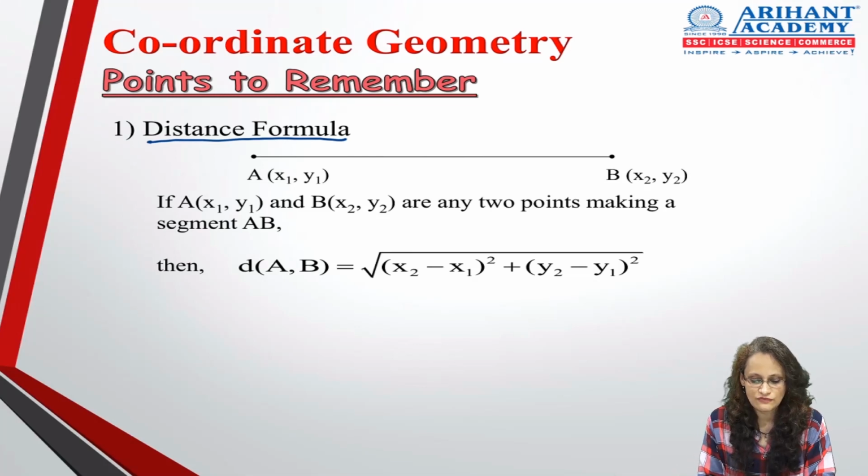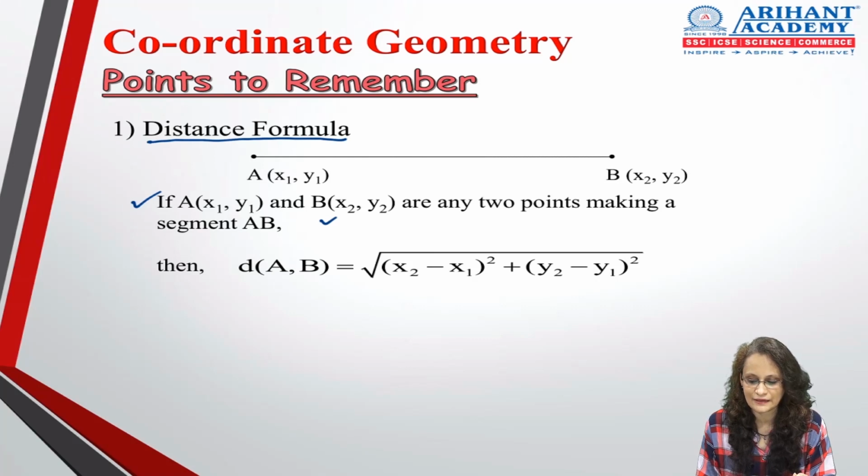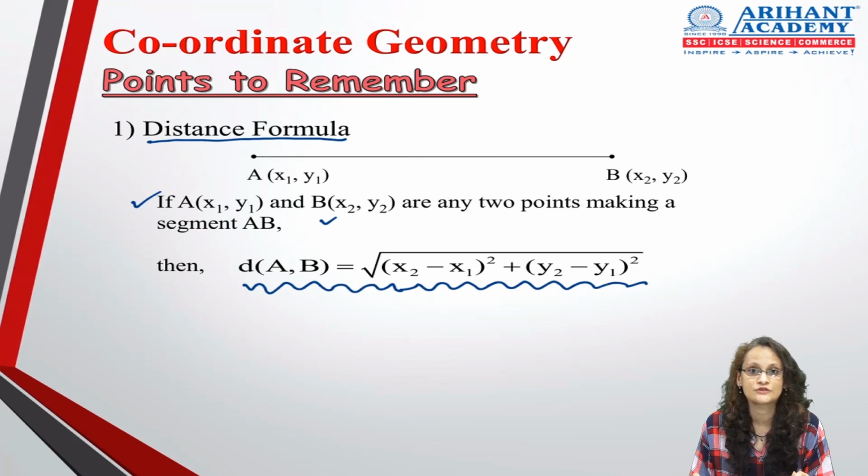If A (x1, y1) and B (x2, y2) are any 2 points making a segment AB, which you can see on your screen, then if I have to find out the distance between the points A and B, I just need to use the formula: distance AB is equal to root of (x2 minus x1) the whole square plus (y2 minus y1) the whole square.